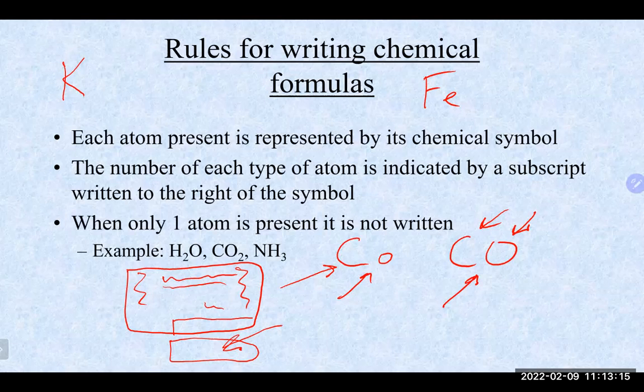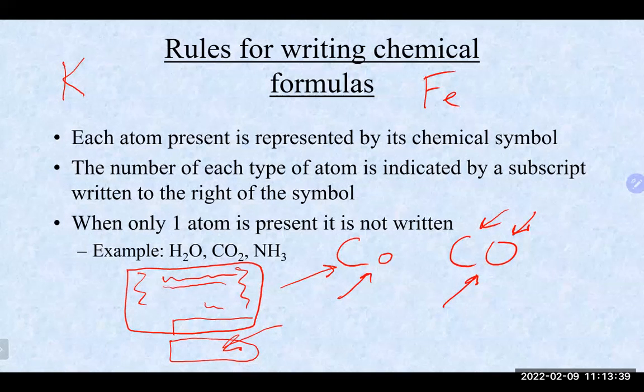This particular table goes all the way to 118, I think that's what it says. You won't even see some of those elements on other periodic tables depending on when they were made. But you try to get some familiarity with the symbols and the names.